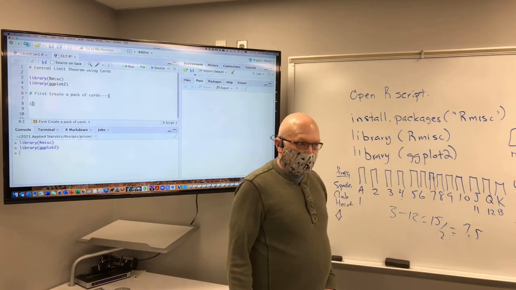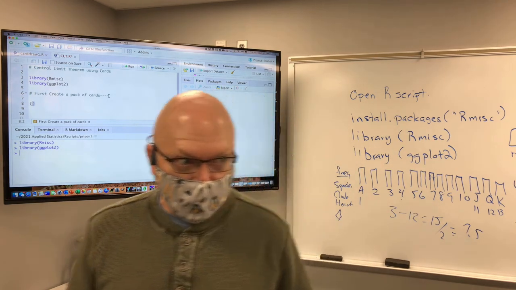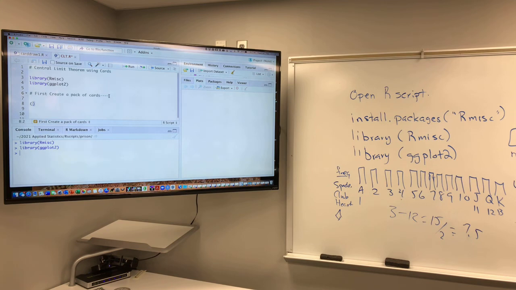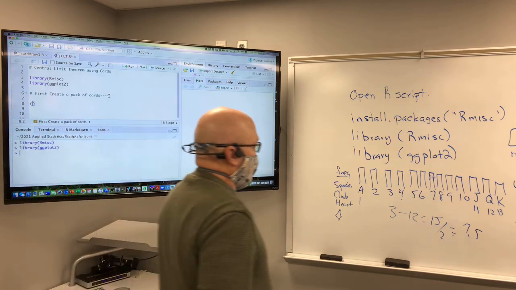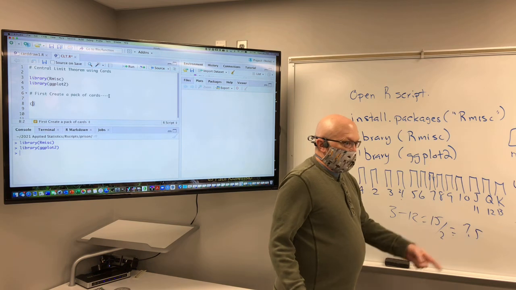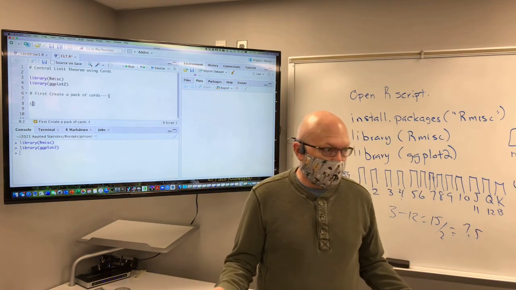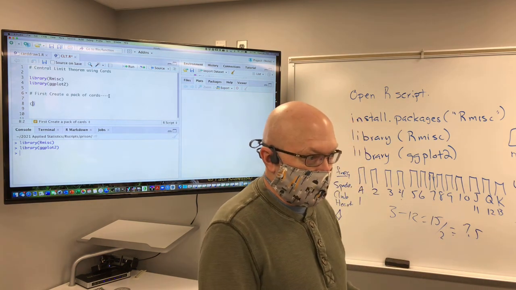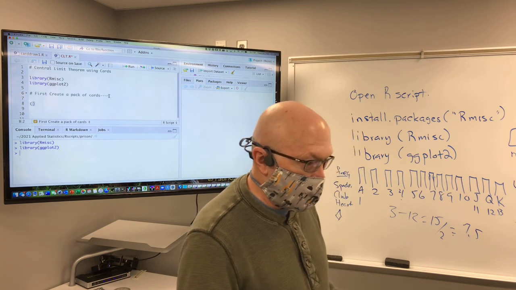You could have drawn 2 aces, in which case the average would be 1 plus 1 is 2, divided by 2 is 1. You could have drawn 2 kings, 13 and 13 is 26, divided by 2 is 13. But your odds of drawing 2 aces are fairly low, because chances are you're going to draw an ace and a 7 or something like that.